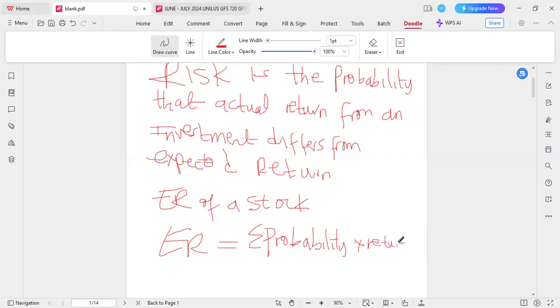So this is the expected return of a stock: the summation of a probability multiplied by return.